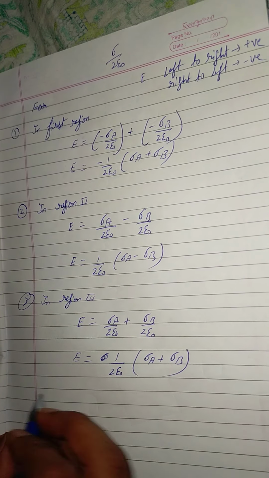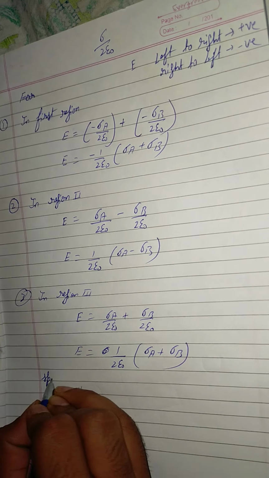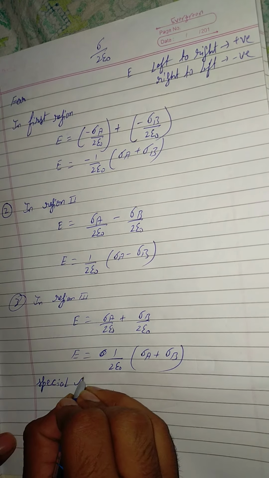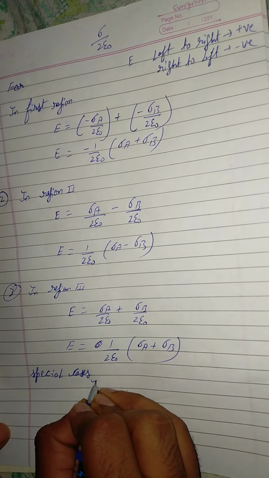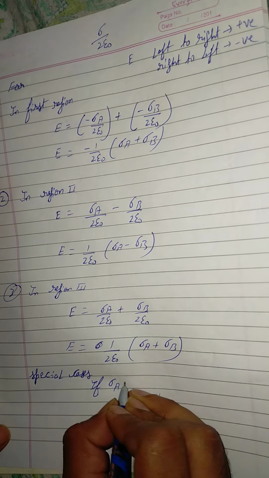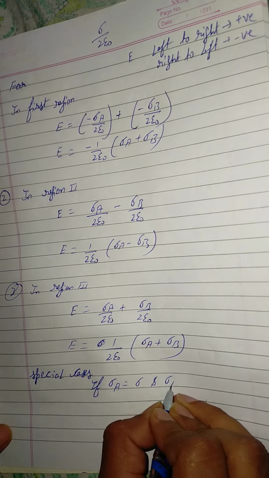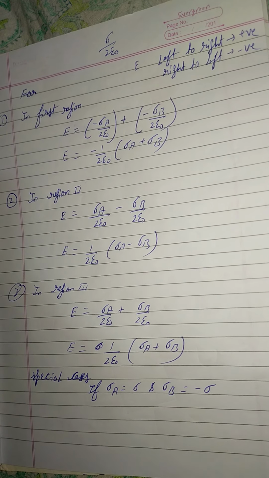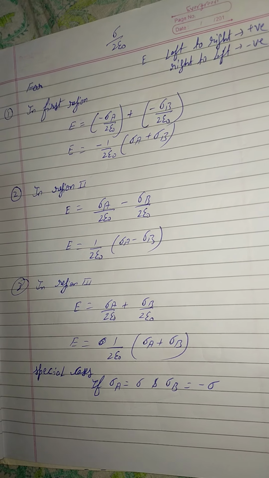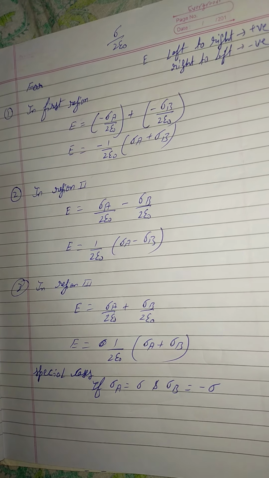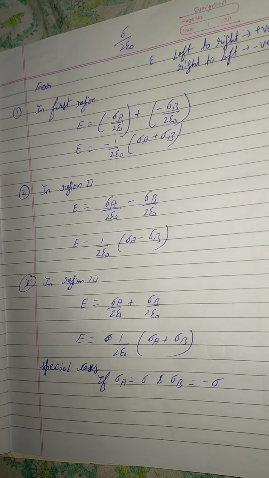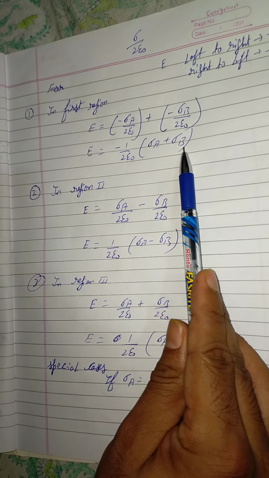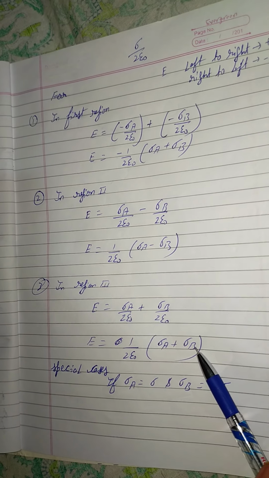Now the last special case: if we consider sigma A equal to sigma and sigma B equal to minus sigma, then the electric field is 0 in the first and third regions. Filling in the values, sigma minus sigma is 0.